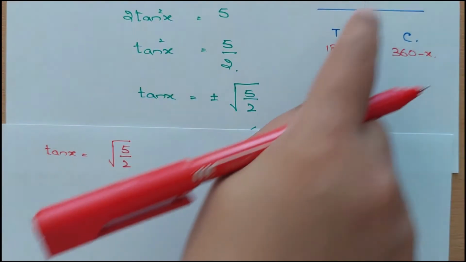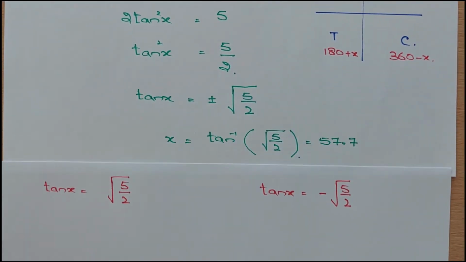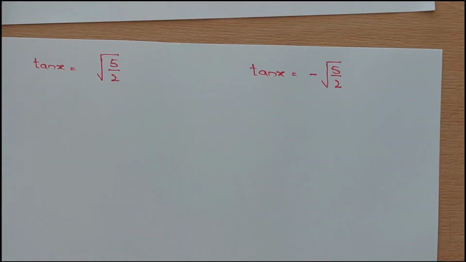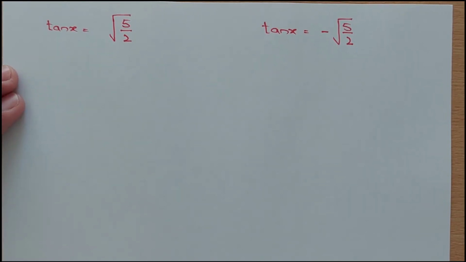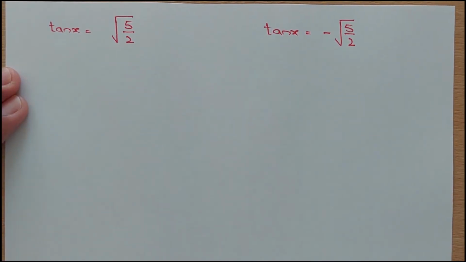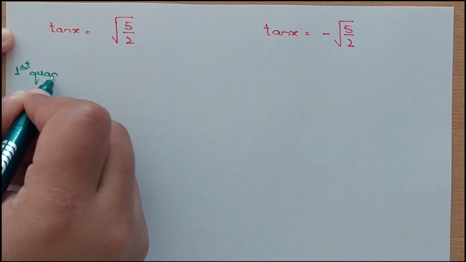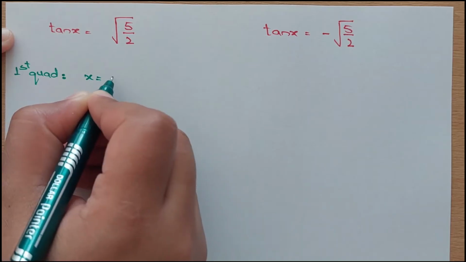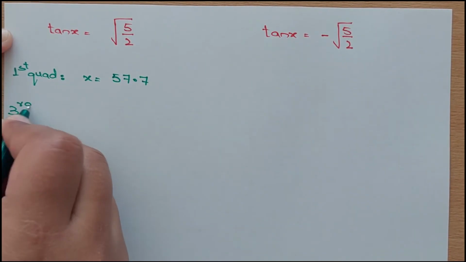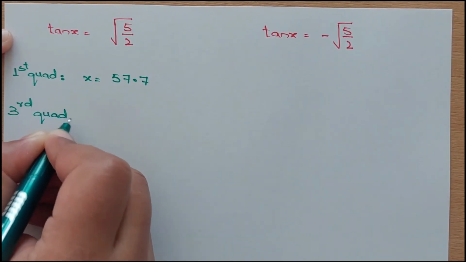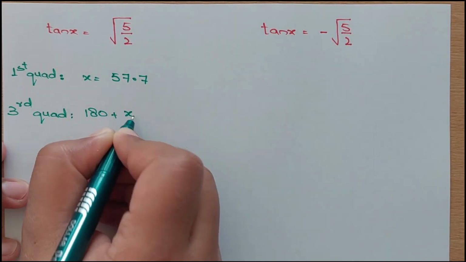So tangent is positive in first and third quadrant and negative in second and fourth quadrant, right? And we got the value for x, that is 57.7. So in this case, the first case is for the positive one, right? And we know that tangent is positive in first and third quadrant. So for the first quadrant, just the x value, that is equal to 57.7, and for the third quadrant we have to do 180 plus the x value.